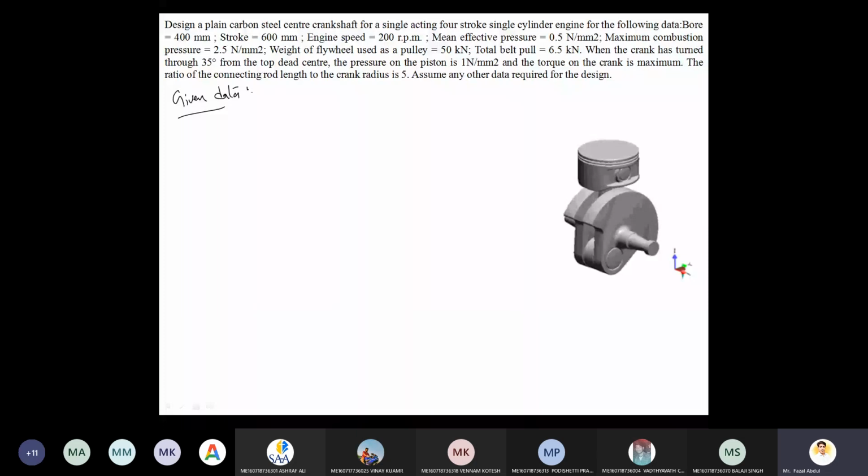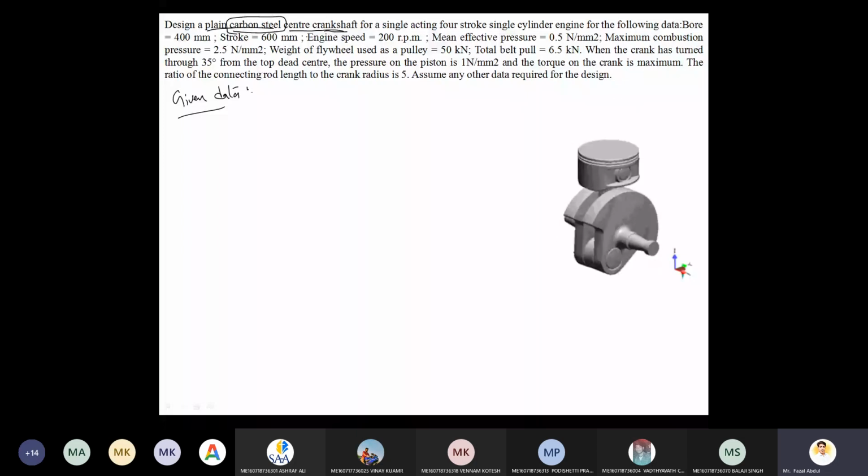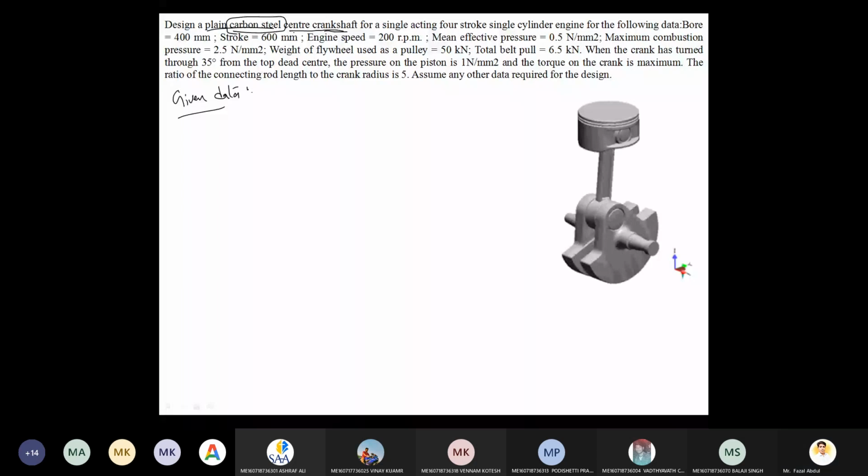So material type is given. Remember, material type is given: plain carbon steel. Center crankshaft. See here, observation you have to do in this manner. First, what type of material is given? Plain carbon steel is given. And what type of crankshaft is given? Center crankshaft, for a single acting 4-stroke single cylinder engine.